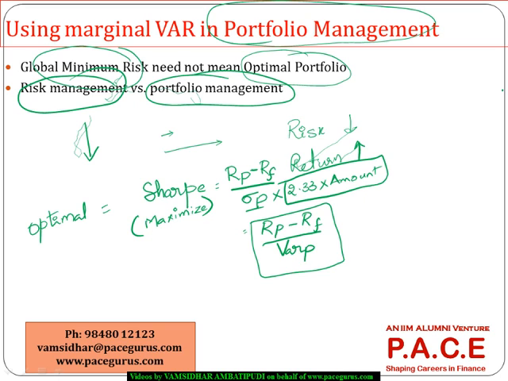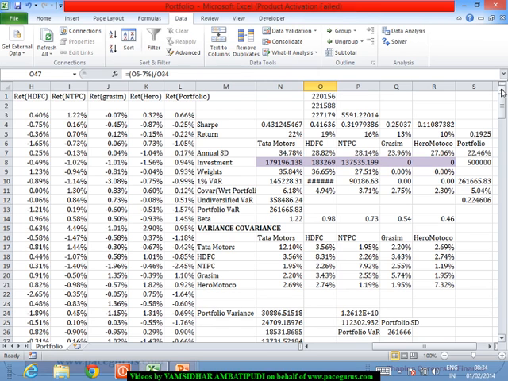So that ratio should be a maximum for me, and whichever combination gives me the maximum value for the Sharpe ratio, not the minimum risk necessarily, that is my optimal portfolio, which will have slightly higher risk, but probably there is a good chance of getting more returns out of that. Risk-adjusted return is maximum for that kind of a position, right?